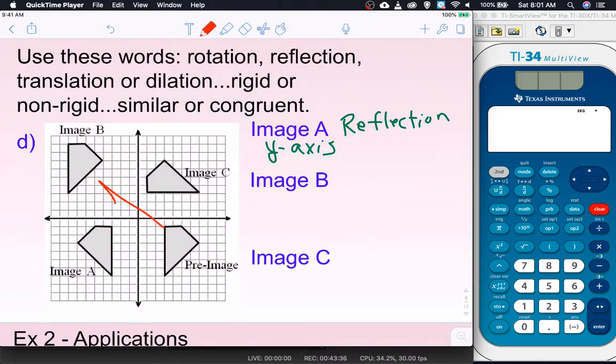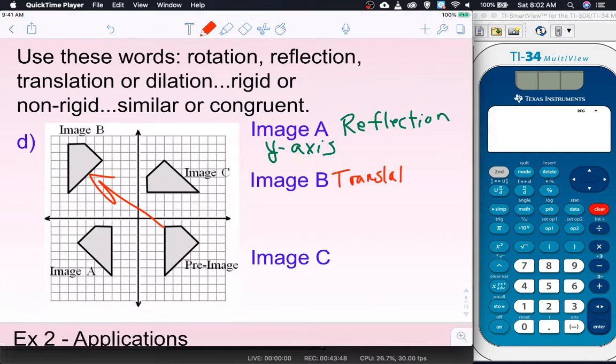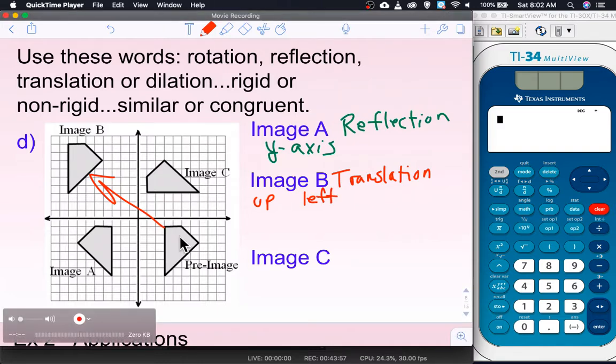Image B, that one up there. Well, they're facing the same way, like they look identical, it's just over here. So that's a translation. And it definitely went up and to the left. Up how far? Pick a corner.